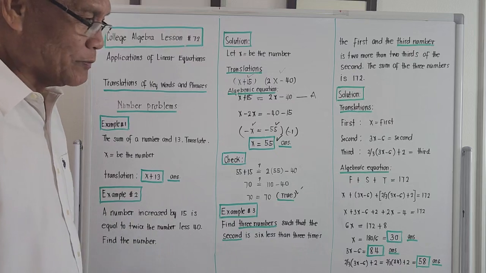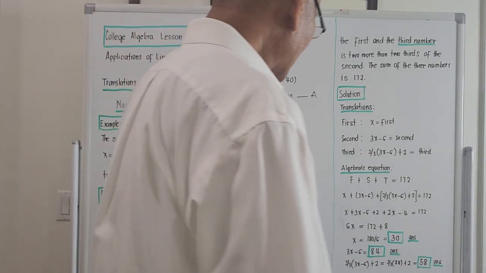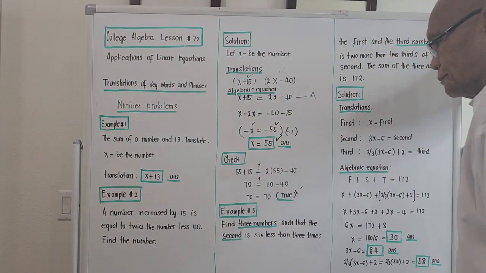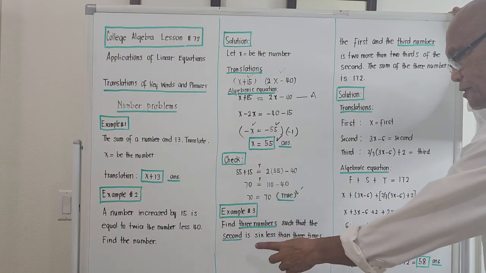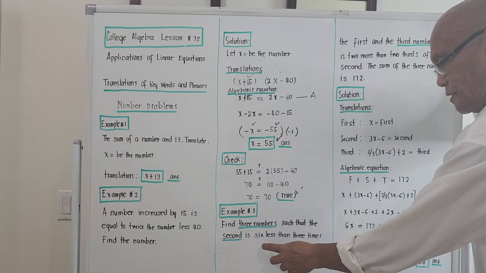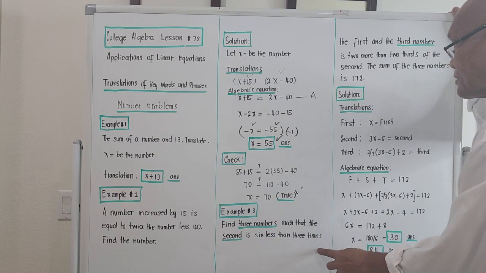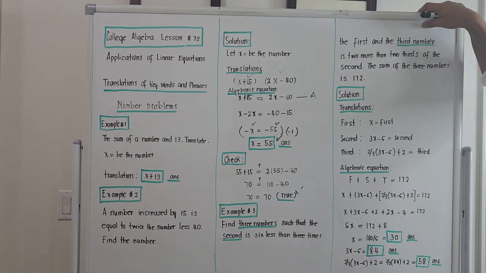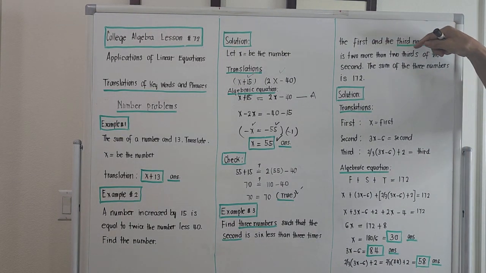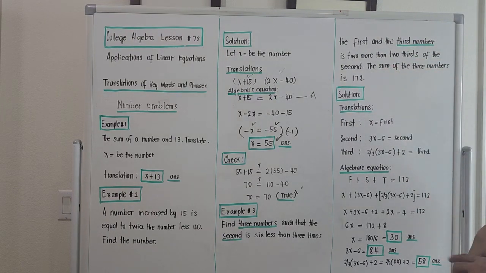Okay, that's a verbal problem. Example number 2, a little bit complicated. Find three numbers such that the second is 6 less than 3 times the first, and the third number is 2 more than 2/3 of the second.